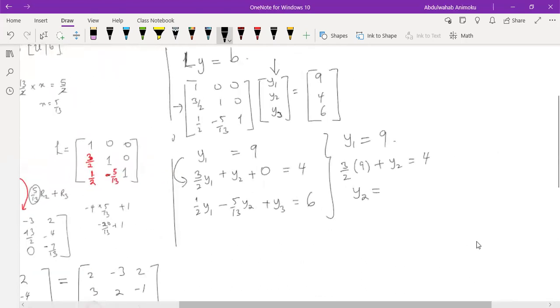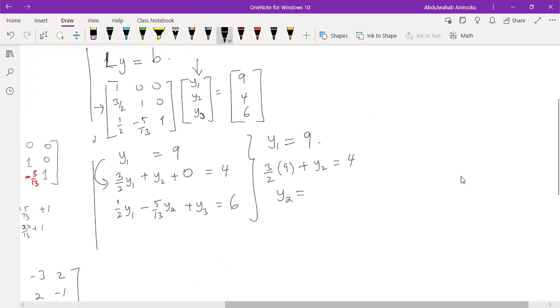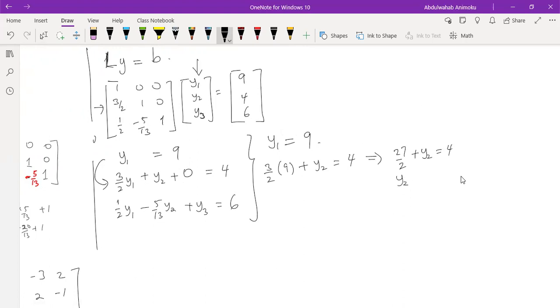So let's just solve it in one row. 27 over 2 plus y2 equal to 4, which means y2 is 4 minus 27 over 2, which is 8 minus 27 over 2, which is minus 19 over 2. So that is your y2.